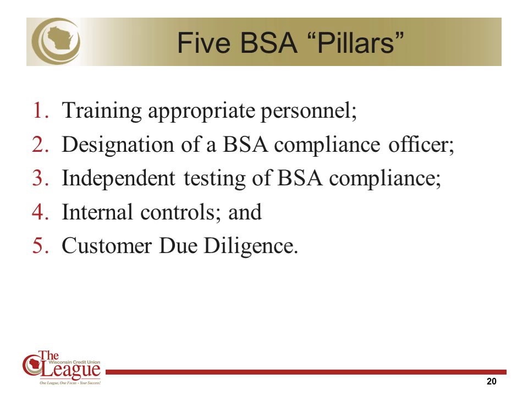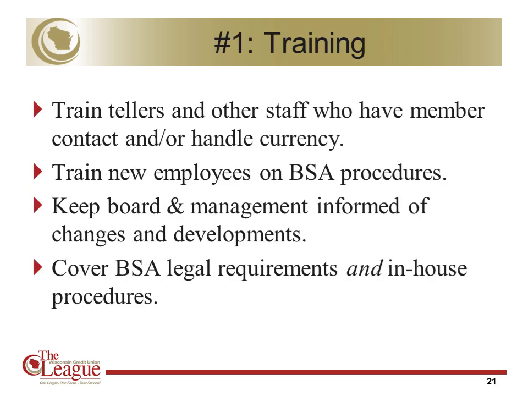Number 2, daily coordination and monitoring of compliance by a designated person, in other words, a BSA compliance officer. Number 3, independent testing of BSA compliance. Number 4, a system of internal controls to ensure ongoing compliance. And number 5, a customer due diligence program. Let me talk a bit about each of these 5 requirements.